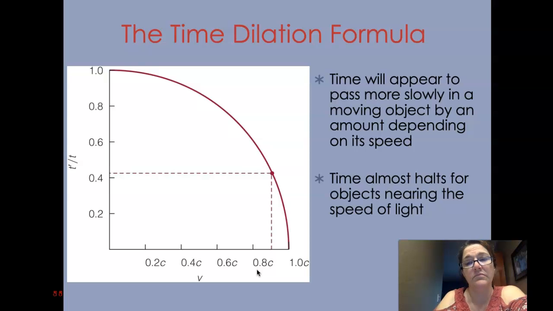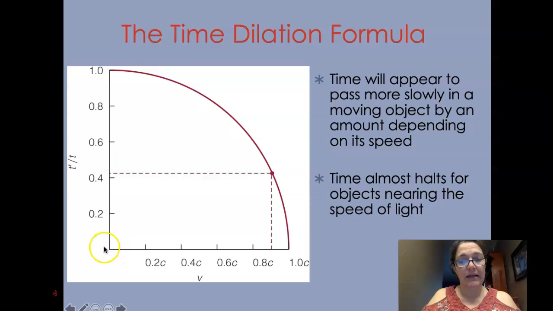Okay, so time dilation formula. Time will appear to pass more slowly in objects based on the speed of the object. At speeds that we experience, right in here, a fraction of the speed of light, time occurs basically normal. So 1 second takes 1 second.